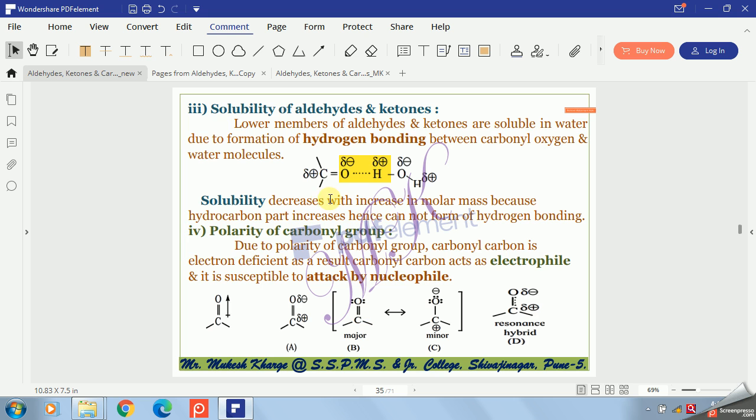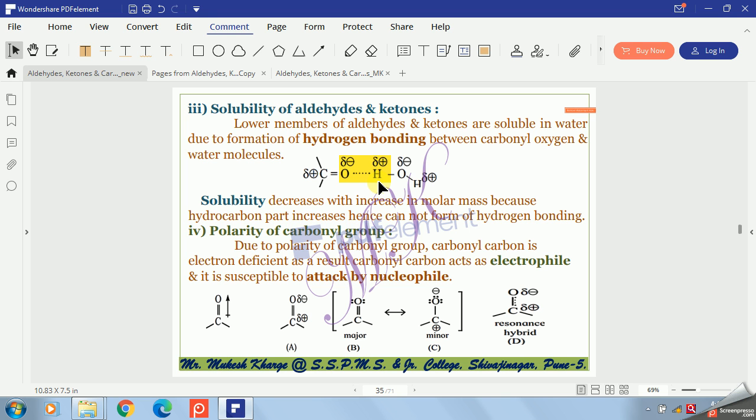The next one is solubility of aldehydes and ketones. Lower members of the aldehydes and ketones are soluble in water due to formation of intermolecular hydrogen bonding between carbonyl oxygen and hydrogen of water molecule. So here that hydrogen bonding is shown. Similar type of hydrogen bonding you have to show in your answer while writing the answer of the questions.